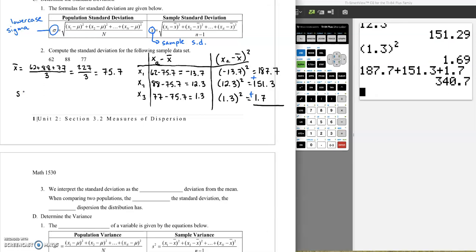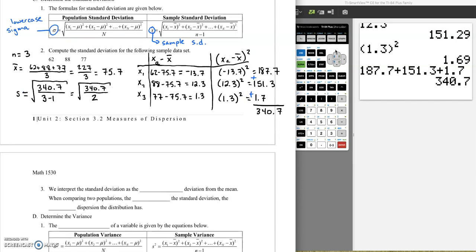Okay, so going to plug into our formula here, we get 340.7, which is what we got when we added up that column, divided by little n is our sample size, which is 3, and the formula says n minus 1, so 3 minus 1 means we have the square root of 340.7 divided by 2.